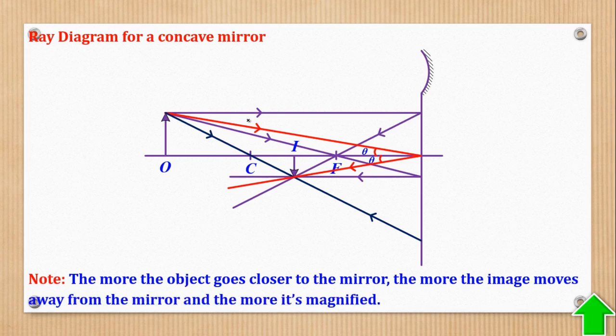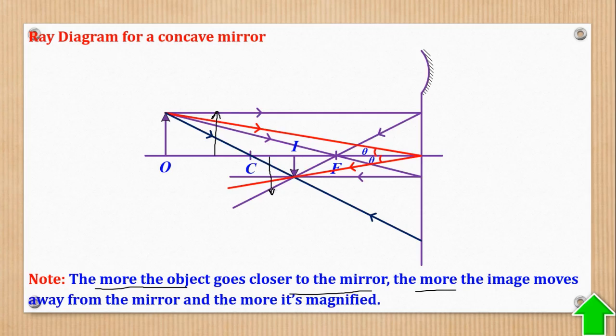So as we prepare ourselves for the calculations, we should remember that the closer the object goes to the mirror, the more the image moves away from the mirror and the more it is magnified. So when you bring this object nearer here, this image will shift to a point like this one, and be magnified.